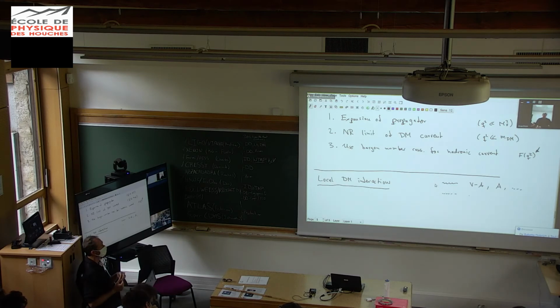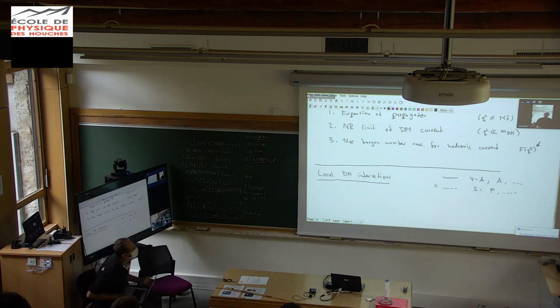Or you could have a scalar exchange. Also for the scalar exchange, there are different possibilities: just a scalar interaction, or a pseudo-scalar interaction, so something that is even or odd under parity, or any combination of these two. Okay, so there are different possibilities.